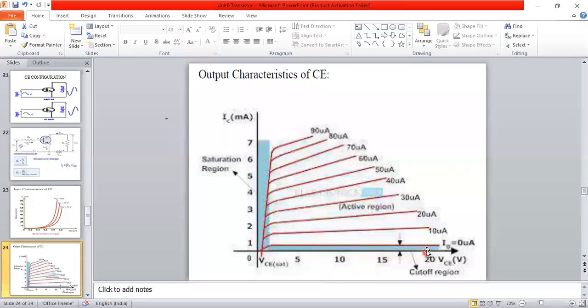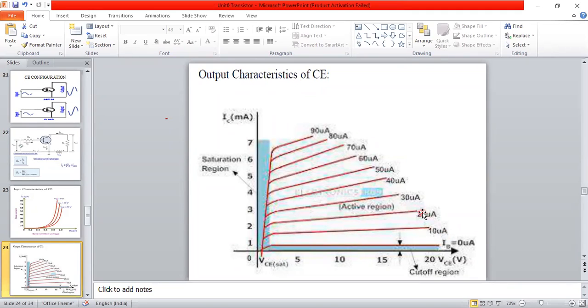But once the input current is given, a small value of input current, 10 microampere, is given, then by applying the output voltage, the output current suddenly increases. With 10 microampere base current kept, the current is increasing here now.